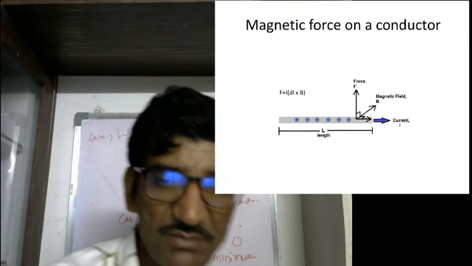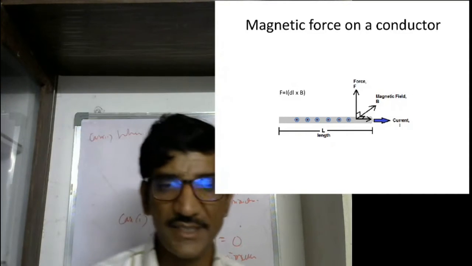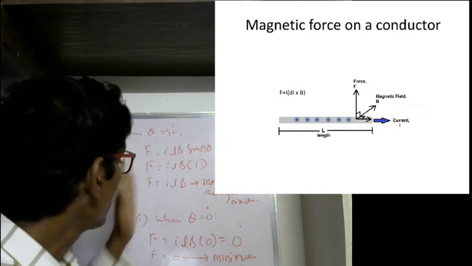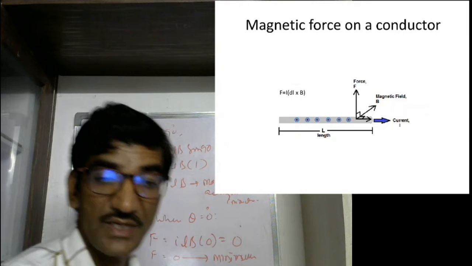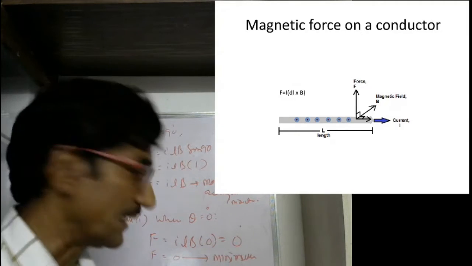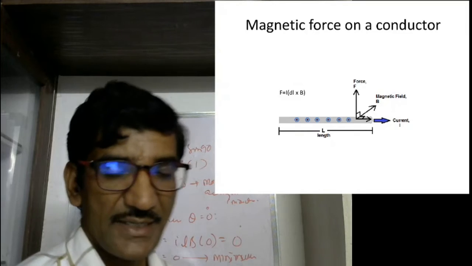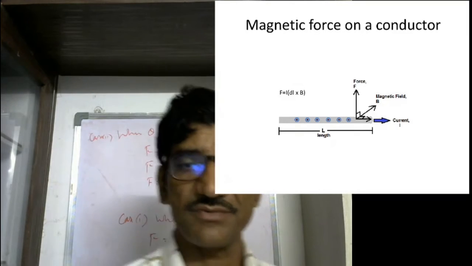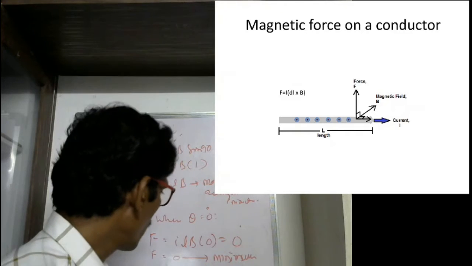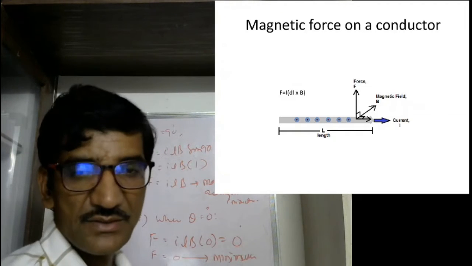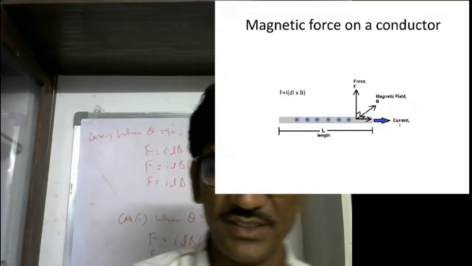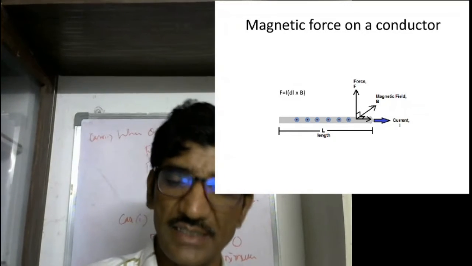So when the conductor is perpendicular to the magnetic field, then maximum magnetic force will be exerted on it. When the conductor is already in the direction of the magnetic field, then no magnetic force at all acts on the conductor. This is about the magnetic force acting on a conductor.